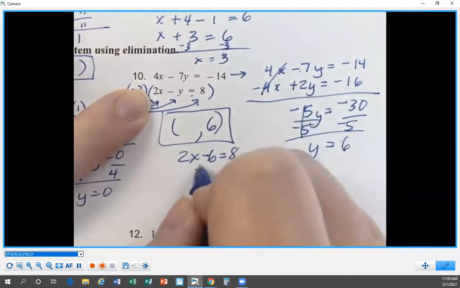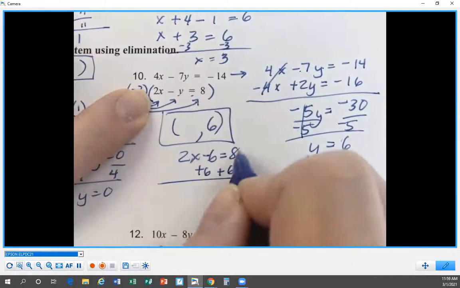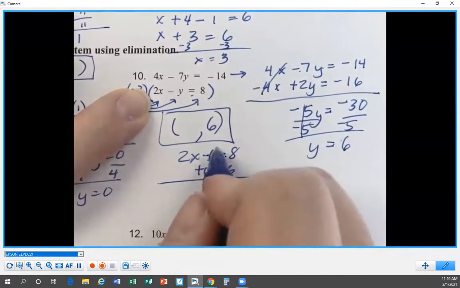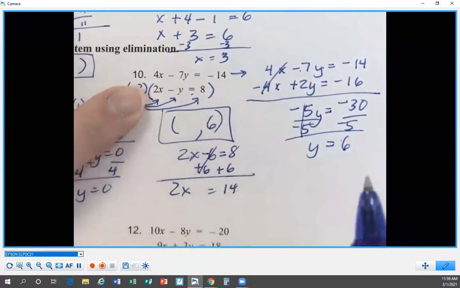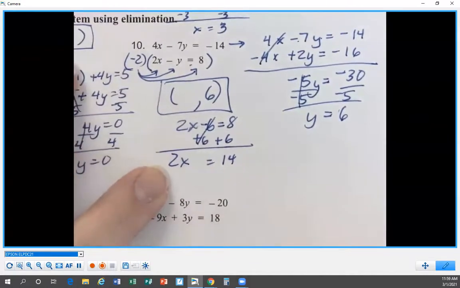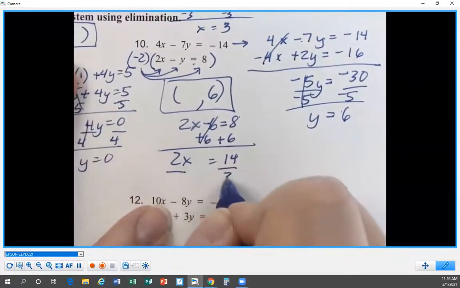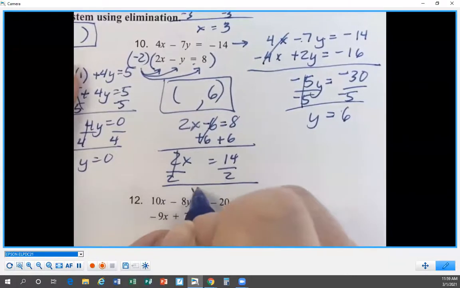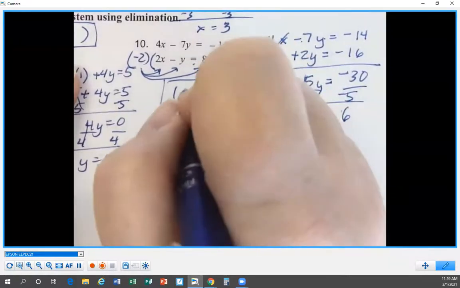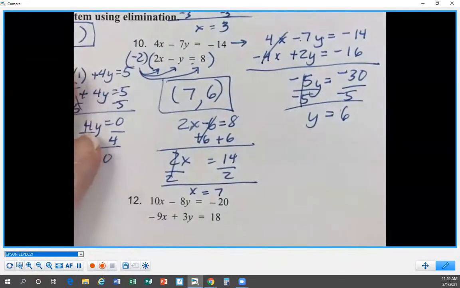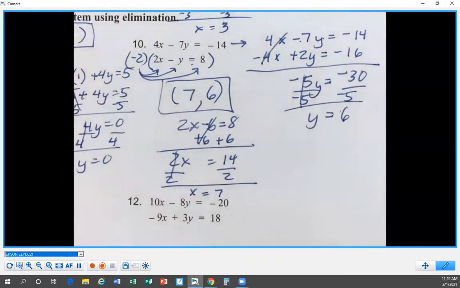Add 6 to each side, this cancels out, to get 2x equals 14. Divide by 2, and we get x equals 7. Okay, and again, we would check that algebraically to make sure that we have the correct answer, and we would check it in both equations.